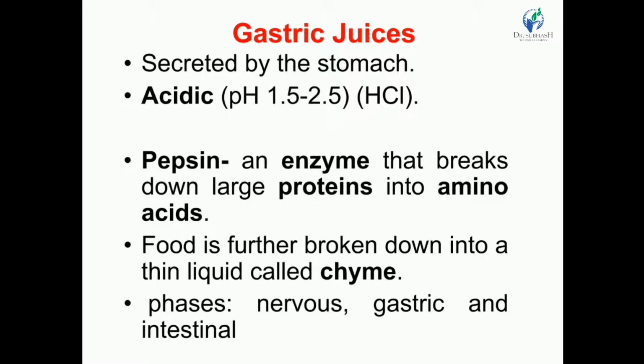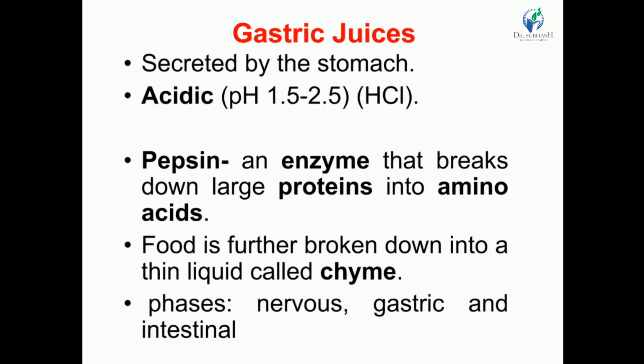While considering the phases of gastric juice secretion, there are three phases: the nervous phase, or cephalic phase; second, the gastric phase; and third, the intestinal phase. Here, in the nervous phase, the secretion of gastric juices occurs due to the stimulation of the vagus nerve.